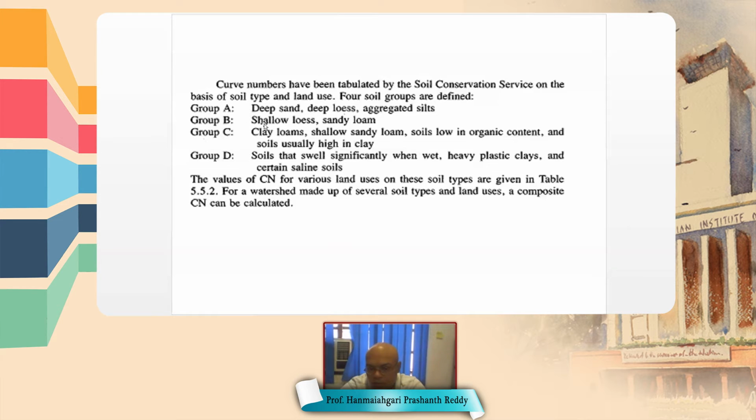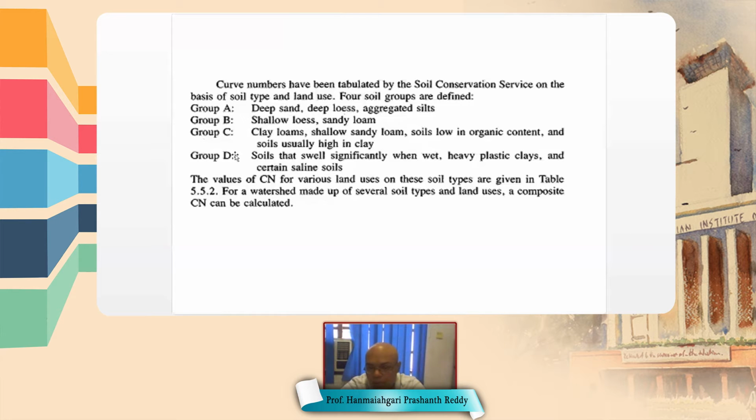Group B is shallow loess and sandy loam. Group C is mainly clay, and Group D is soils that are significantly wet. So depending upon these groups and depending upon the land use, we can get the curve number.